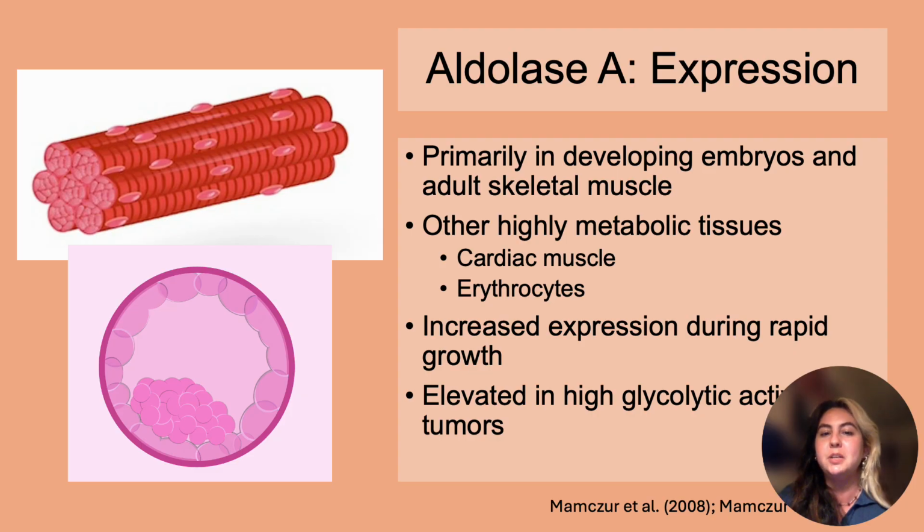Something that's interesting about aldolase A is that during fetal development, it is going to cover most developing tissues. And then once tissues move into processing sugars and nutrients, aldolase A is going to get repressed in the liver and kidney in adults, and that's where aldolase B is going to take over, which we'll talk about in a little bit.